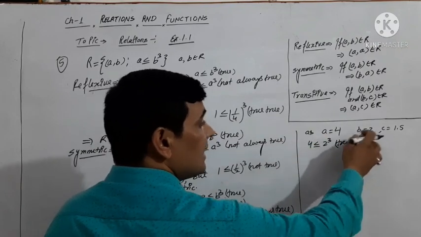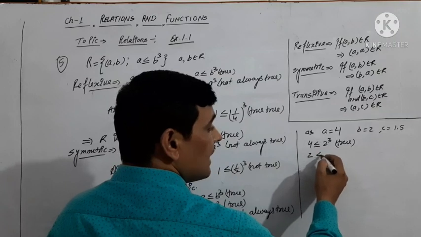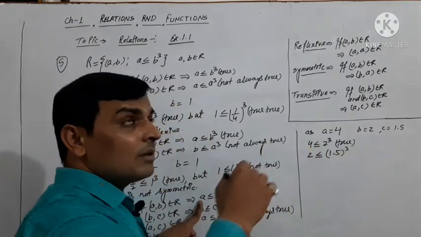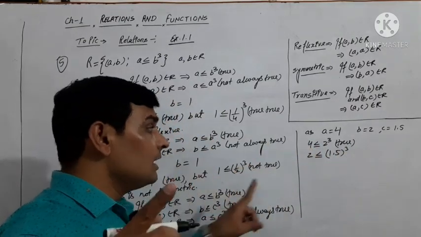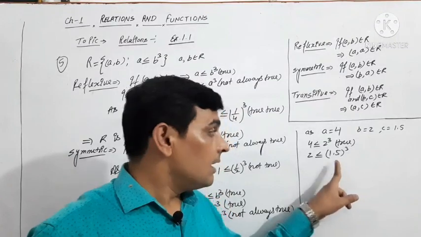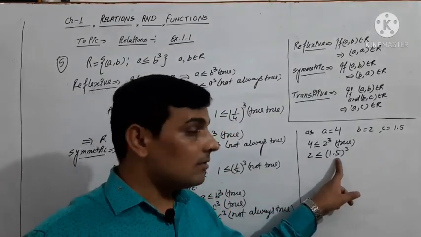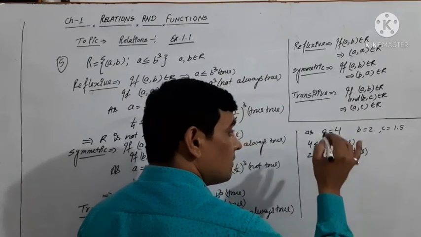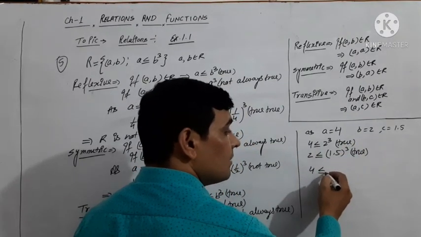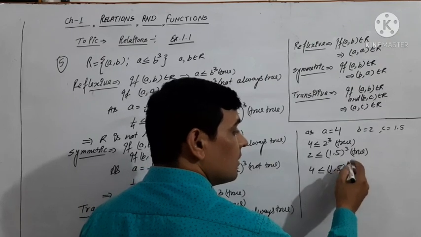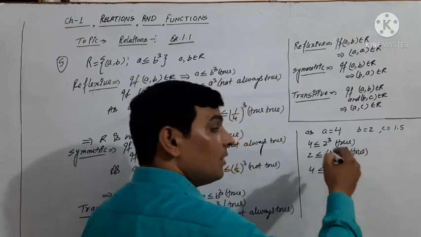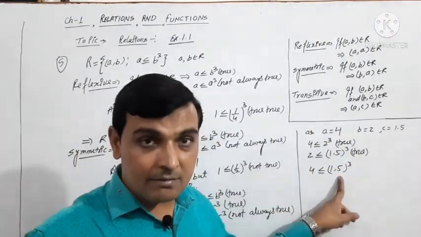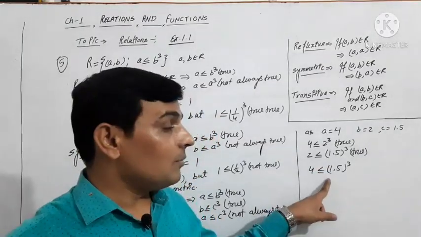Now the second condition, b less than or equal to c cube: 2 less than or equal to 1.5 cube. The cube of 1.5 will be 3.375. So 2 is less than 3.375. This is also true. Now the third condition, 4 less than or equal to 1.5 cube, which is 3.375. 4 is not less than or equal to 3.375. 4 is greater than 3.375.